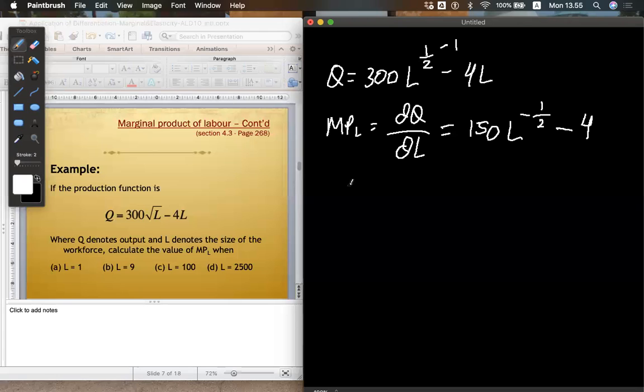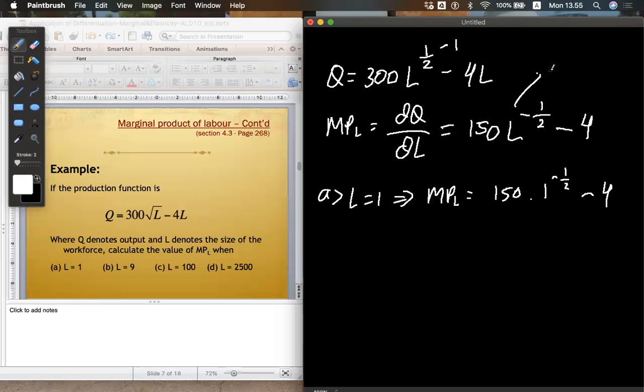And then if you are asked to find the MPL when L equals 1, just put L as 1 in that function. 150 times 1 to the power minus half, minus 4.